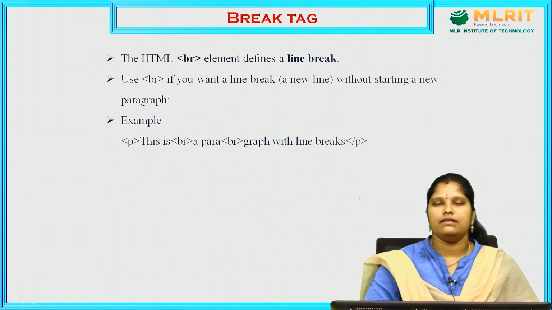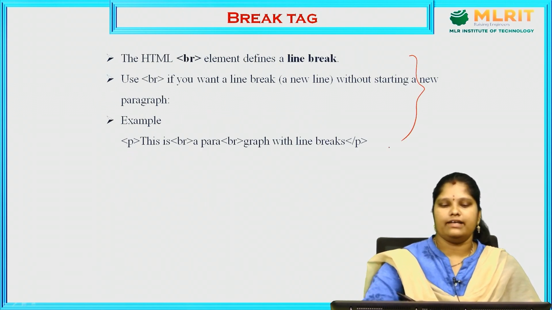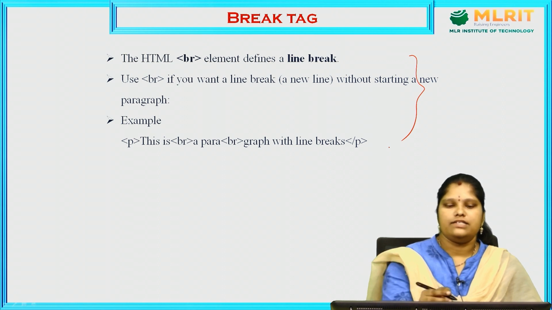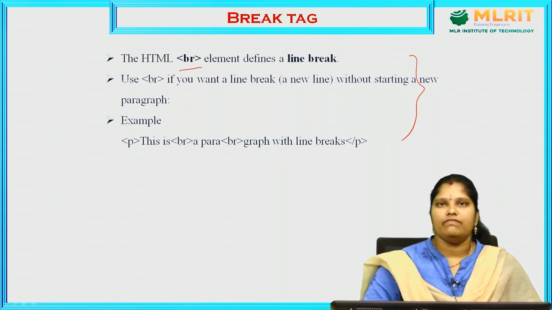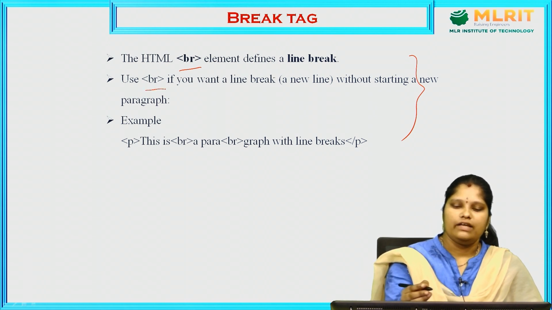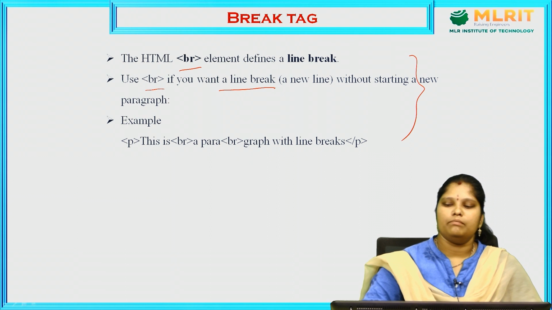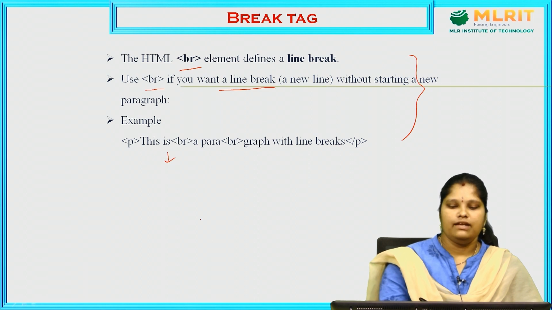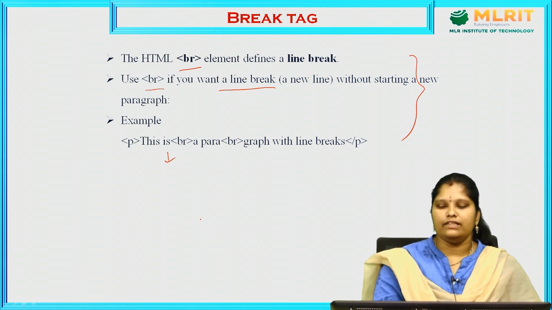And the next basic tag is the break tag, right. For a line break we need to use the break tag. The HTML BR element defines the line break. Use BR if you want a line break without starting a new paragraph, right. Here is an example: this is a paragraph with line breaks.